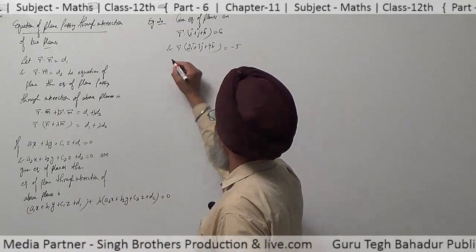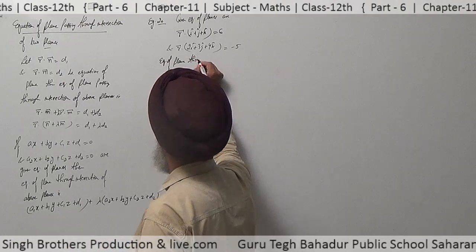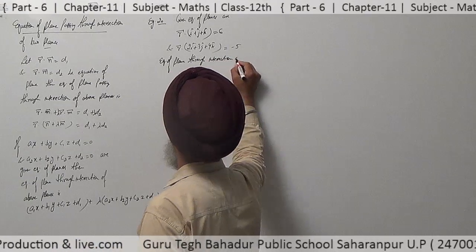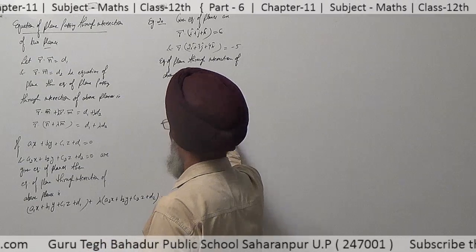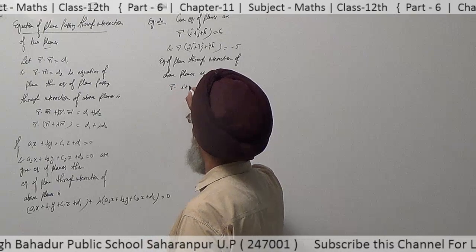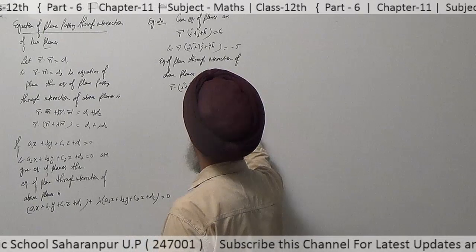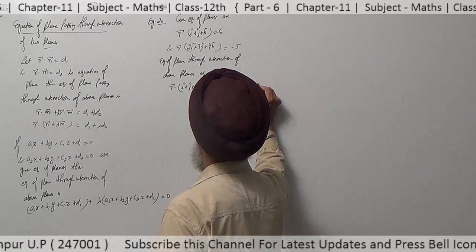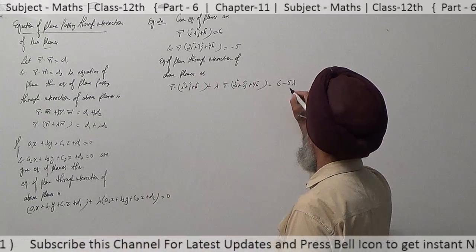So the equation of plane through the intersection of the above planes is given by r dot (i plus j plus k) plus lambda times of r dot (2i plus 3j plus 4k) is equal to 6 minus 5 times lambda.